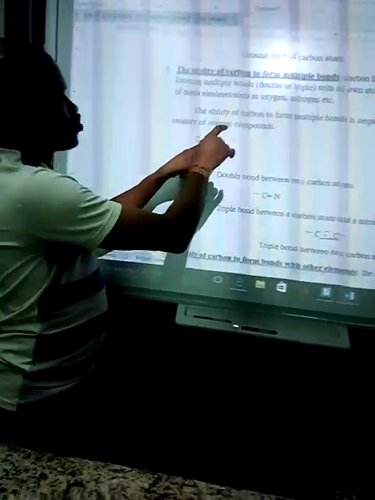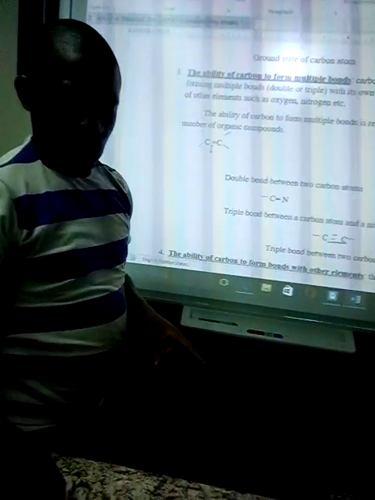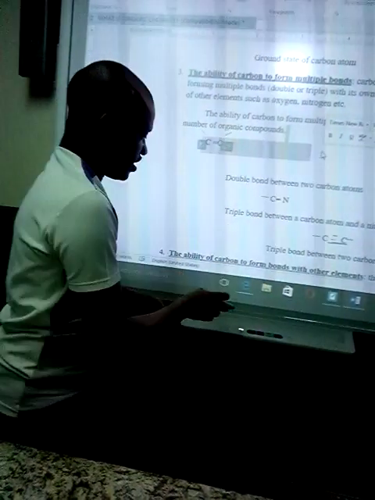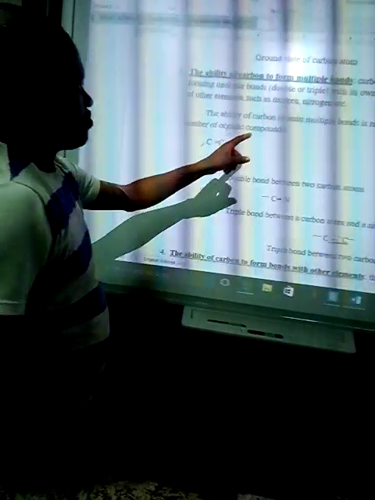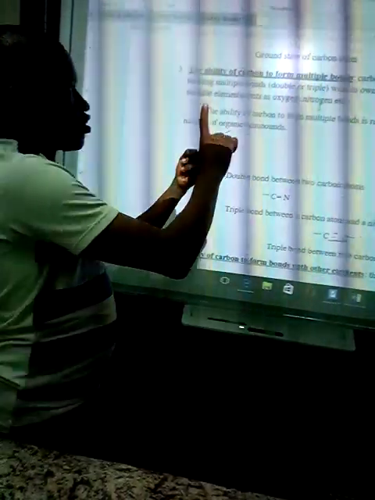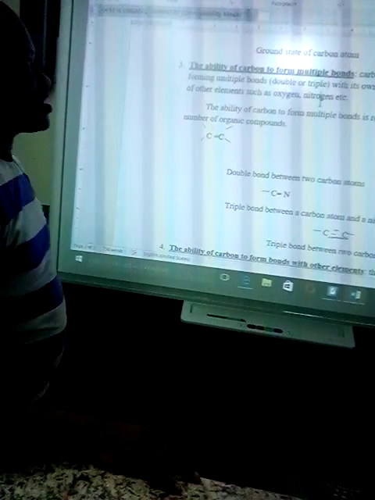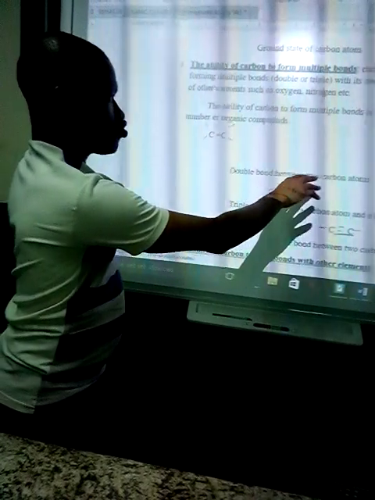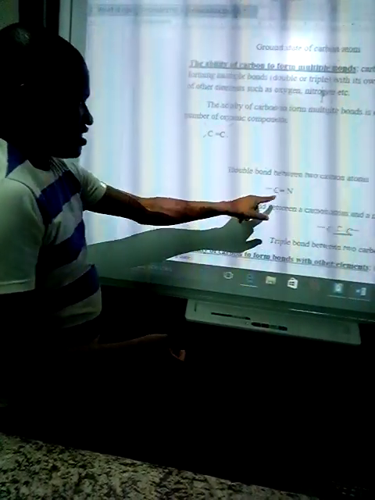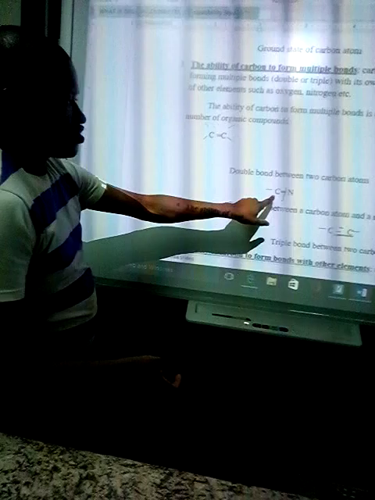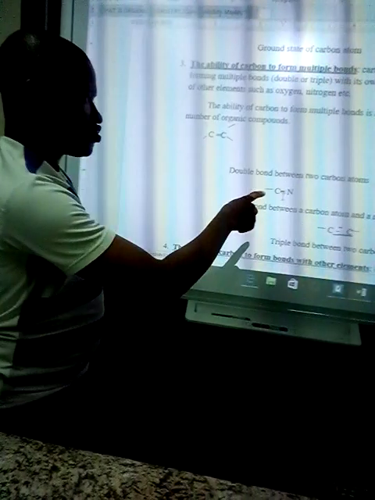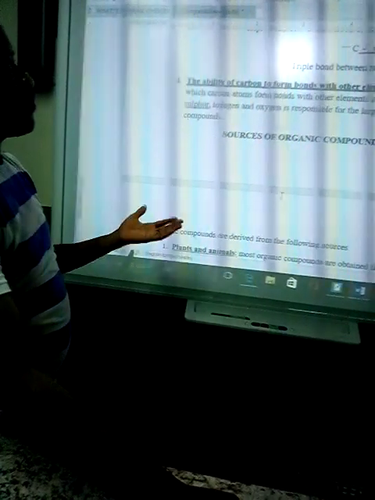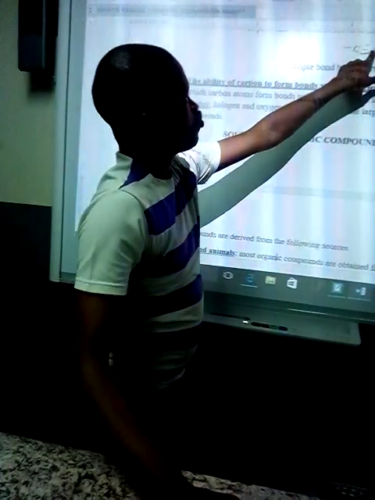Carbon has 2 bonds to oxygen and sulfur. It has 3 bonds to nitrogen. So this is a double bond between 2 carbon atoms, and this is a triple bond here, 1, 2, 3, between carbon and nitrogen, or between 2 carbon atoms.